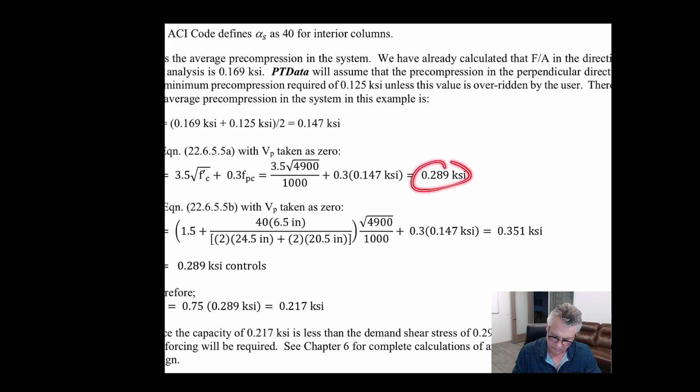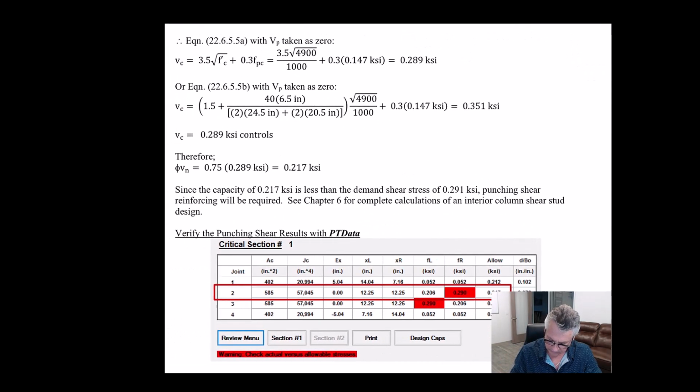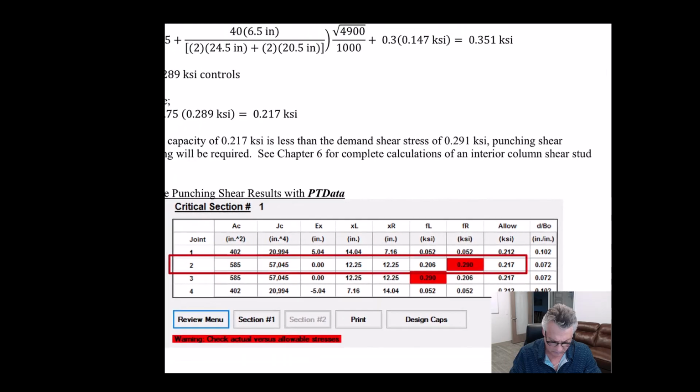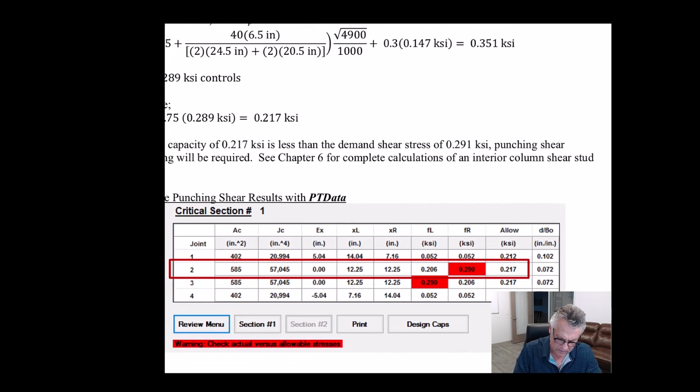So this is the big winner. And for punching shear stress, we have a phi factor of 0.75. For shear, we have a 0.75 phi factor, capacity reduction factor. So let's see how we did. We look at PT data. The maximum allowable shear stress is 217.